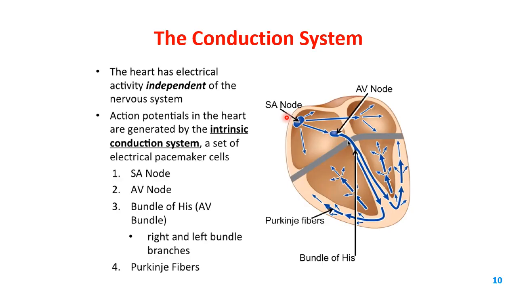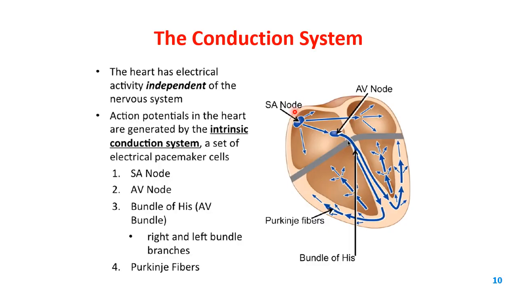And this is why you have cells in the heart that can depolarize and generate their own action potential without input from anywhere else. These cells will do everything on their own. Okay, so where are you going to find these cells? You have these cells at these nodes. Okay, so you have your sinoatrial node that is on top here of your right atrium.